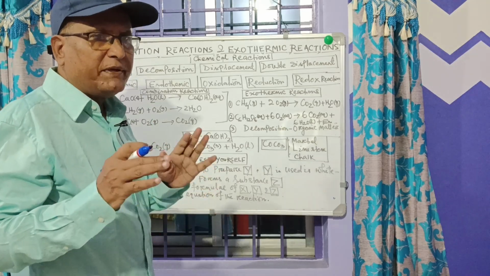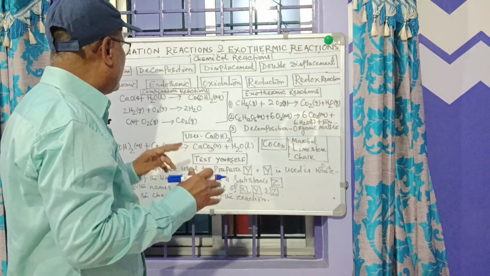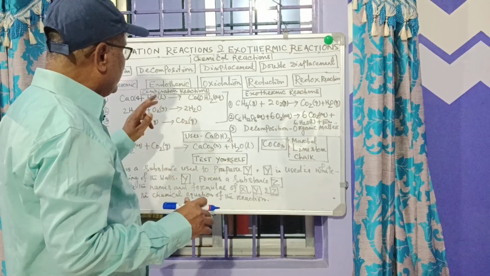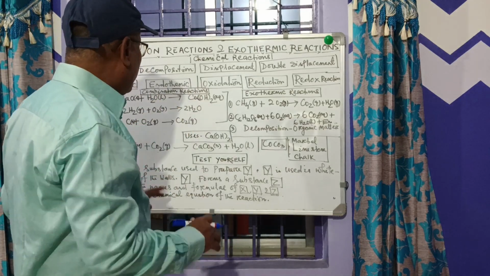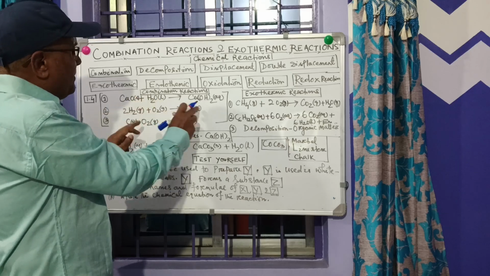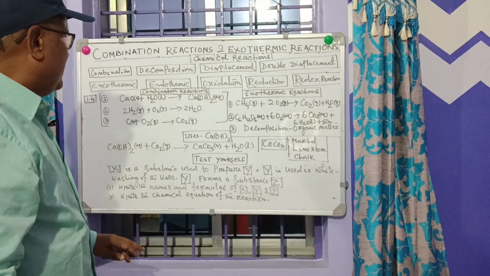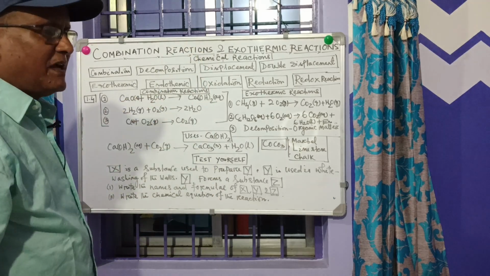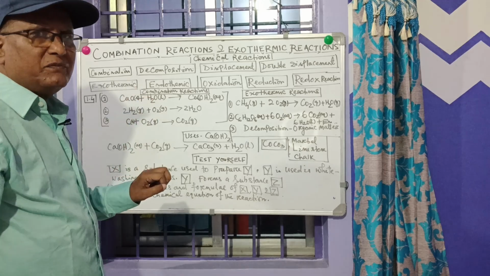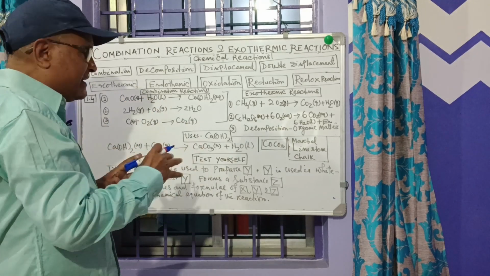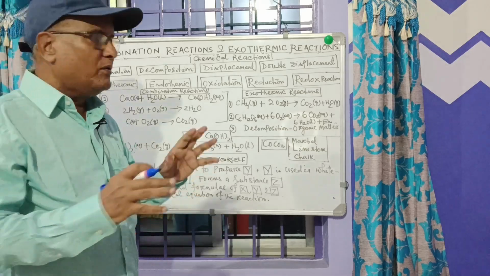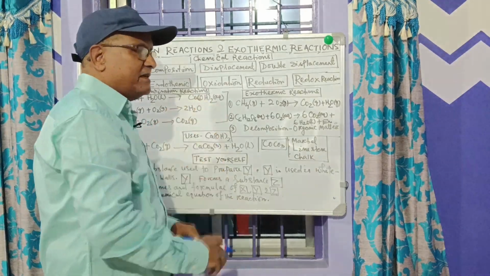A large amount of heat is evolved in this reaction. So this is an example of exothermic reaction. But why is it called combination reaction? You see the reactants. How many reactants are there? On the left side, you see two reactants. Two reactants, they combine to form a new substance.